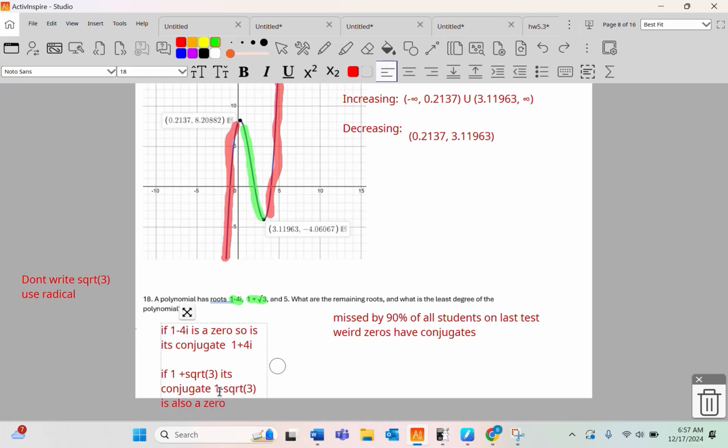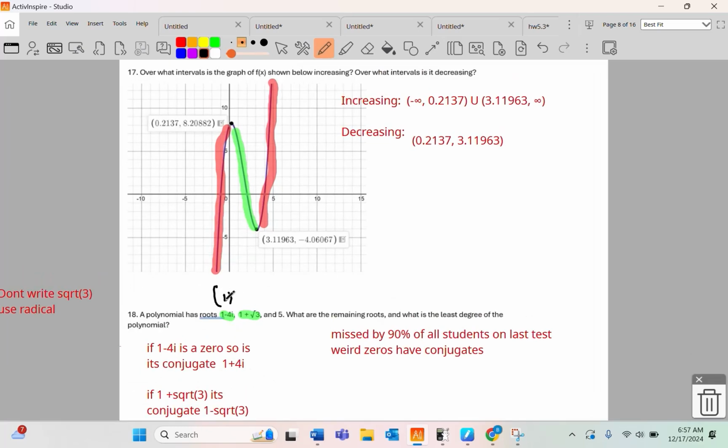So what have I come up with here? I've got 2 new zeros. Let's count our zeros. We have 1, 2, 3, 4, and 5 zeros. So these are the remaining zeros right there. And we have 5 total zeros.